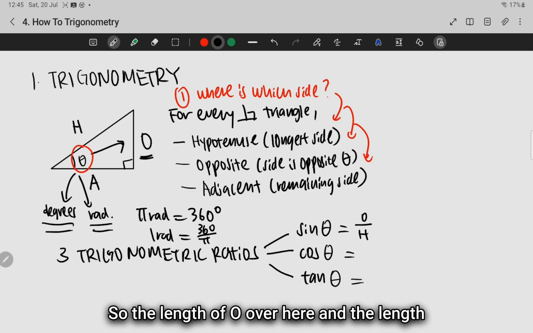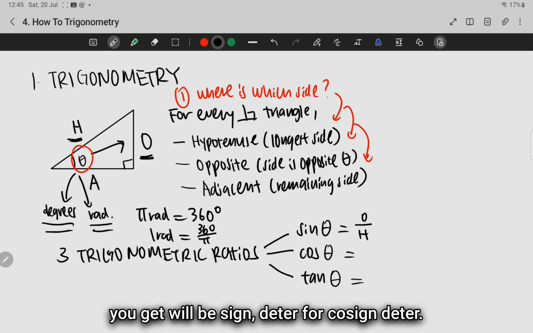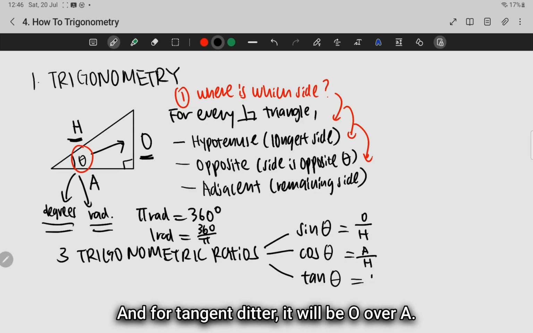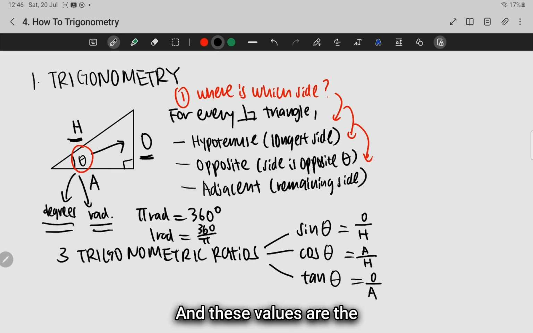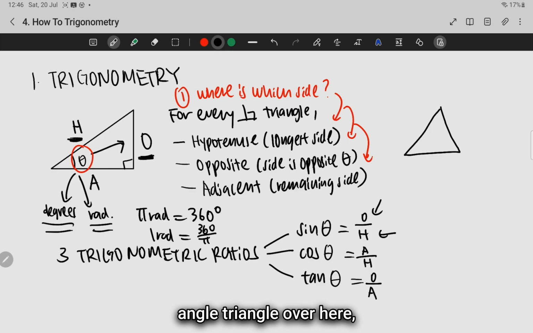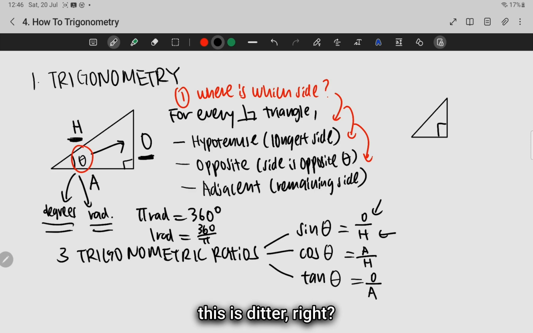So take the length of O divided by the length of H, and the value that you get will be sine theta. For cosine theta, it will be A over H, and for tangent theta, it will be O over A. So assuming we have a right angle triangle over here, this is theta, and here I have 3, 4, 5.